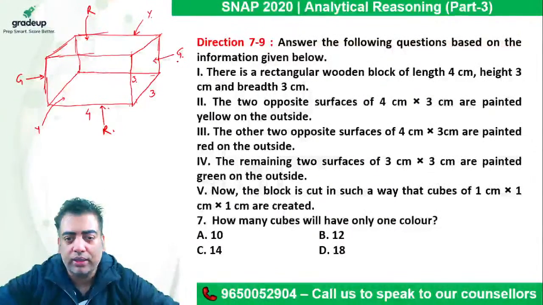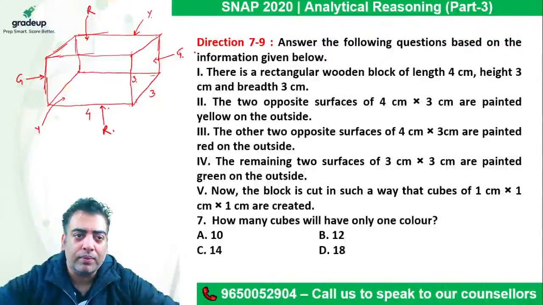They are painted green on the outside. Now the block is cut in a way that cubes of 1 by 1 by 1 are created. So this 4 will be divided in 4 equal parts. So we can draw it like this here.